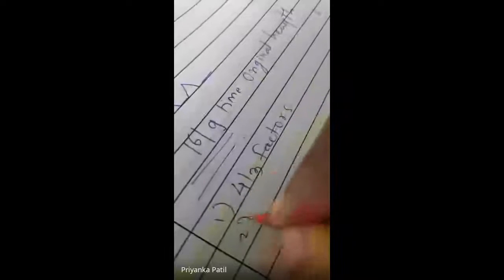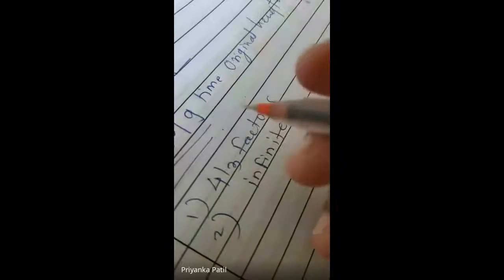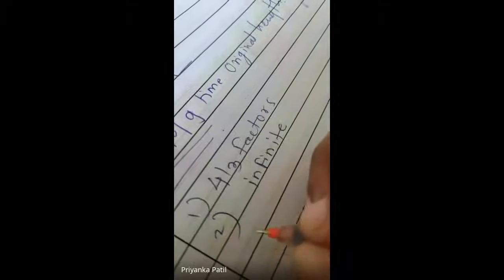For example, with each iteration, we increase the length of the curve by a factor of 4 by 3. Next, the length of the curve is infinite because we can apply the same procedure n number of times on the given line segment.